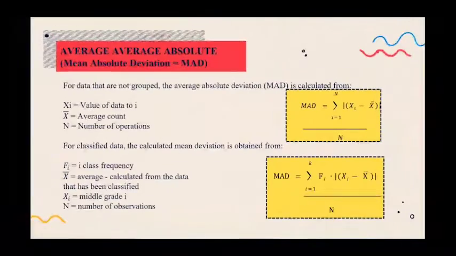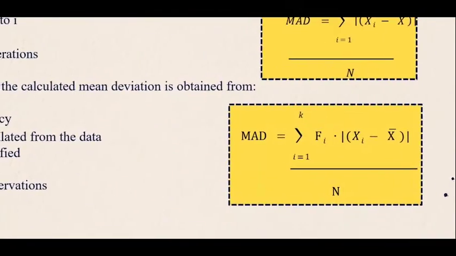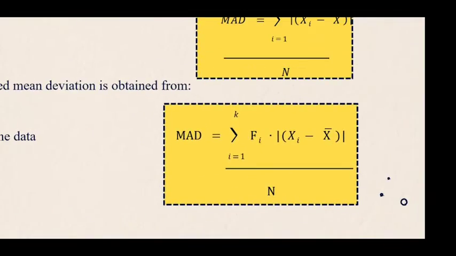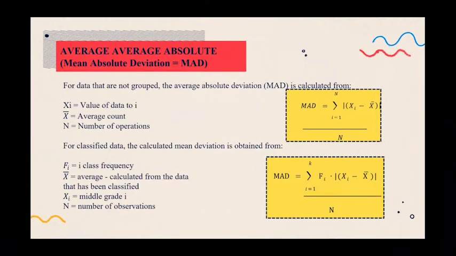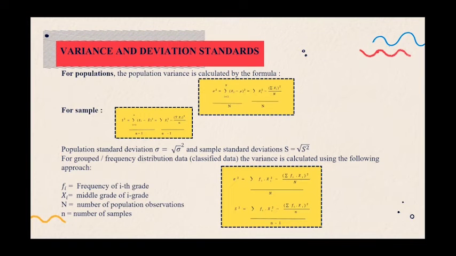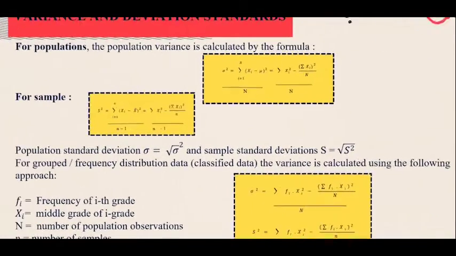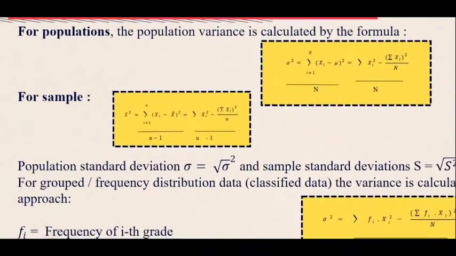And for classified data, the mean deviation is obtained from this. You can see this formula. Next is variance and standard deviation. This is the formula for population, and this is the formula for sample.